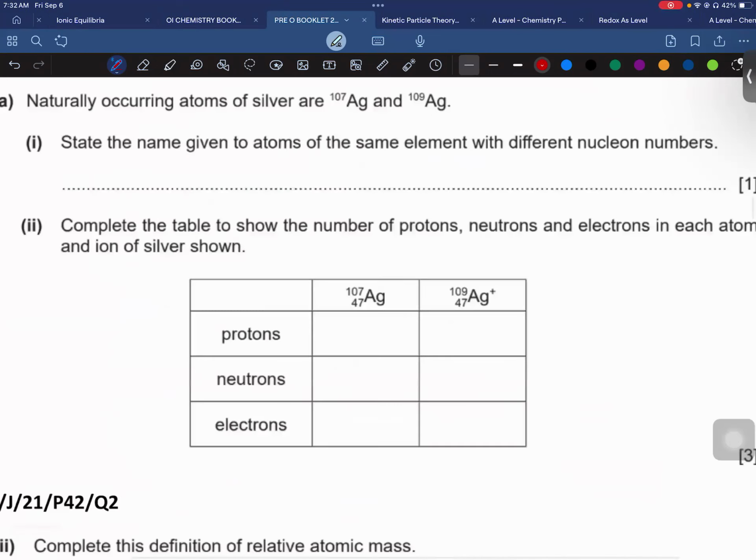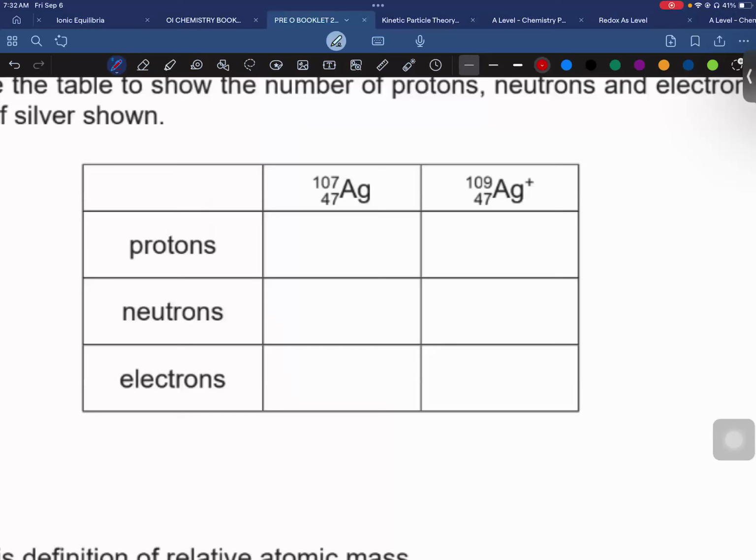See this. So 107 and 47, 109 and 47, Ag and Ag plus. Protons, neutrons, and electrons. So the protons on the first one will be 47.